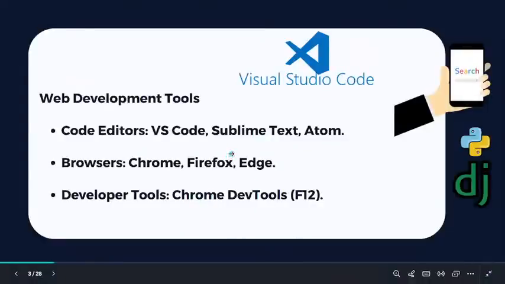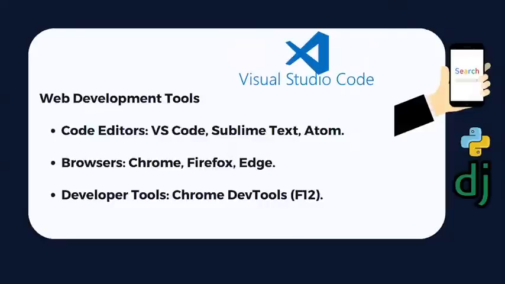First we understand what tools we use for web development. There are three major tools we must use for web development. One is code editors, another one is the browser, and the third one is developer tools.